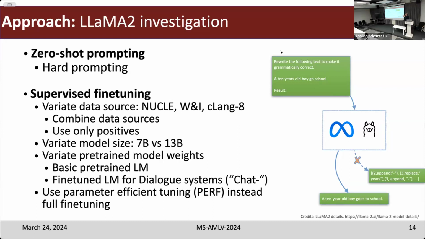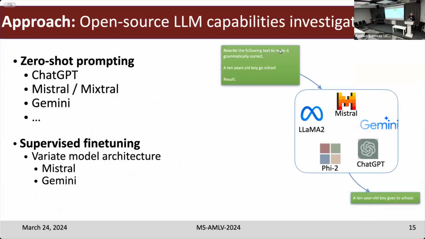As well, we would like to try different model sizes and different pre-trained models, because some large language models are released in two versions: a chat version that is oriented on interaction with the user, like a chatbot, and another one that is just a basic large language model, along with some fine-tuning techniques.